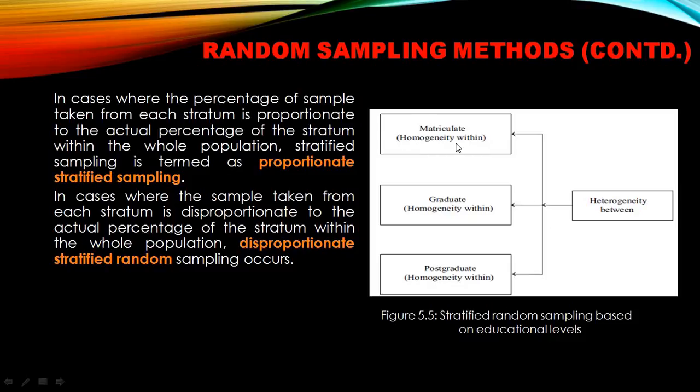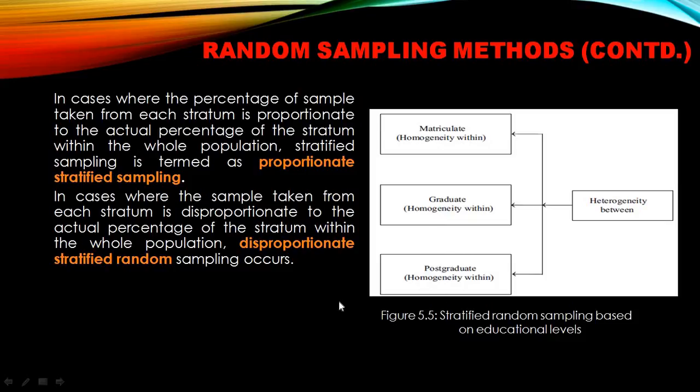This is matriculate, this is one strata, this is graduate, this is another strata, this is postgraduate, this is another strata. Matriculate is entirely different from graduate, graduate is different from postgraduate. So there is heterogeneity among these three, but within the matriculate box there is homogeneity. Within the graduate box there is homogeneity, and within postgraduate there is homogeneity.